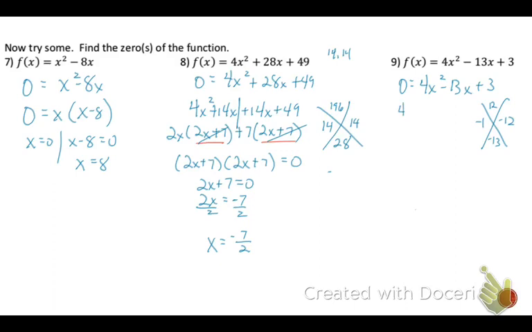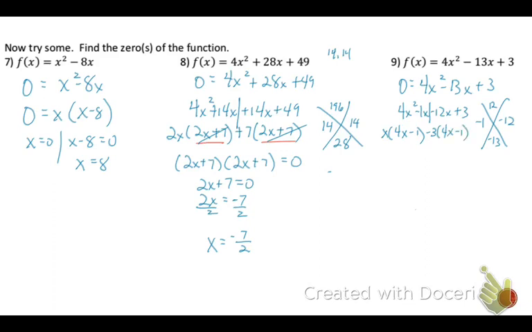So we need to do the factor by grouping steps. So bring down your 4x squared. Rewrite negative 13x as negative 1x minus 12x plus 3. Then draw your short dividing line to group the first two and the last two terms together. We can factor out an x in our first set of terms, so we get 4x minus 1, and then our negative 3 in our last two terms.